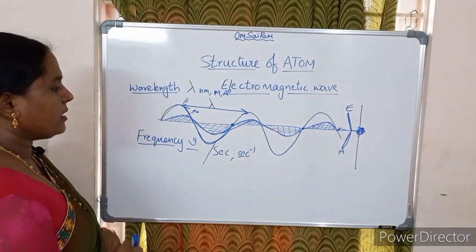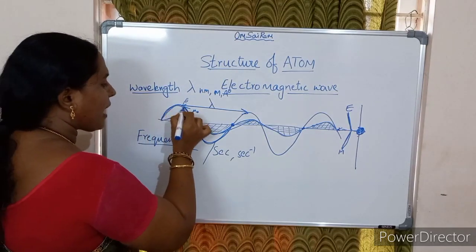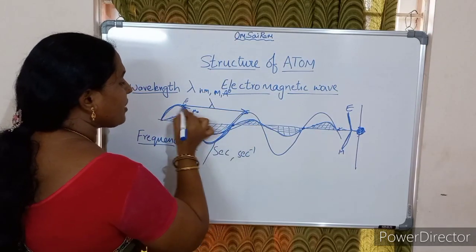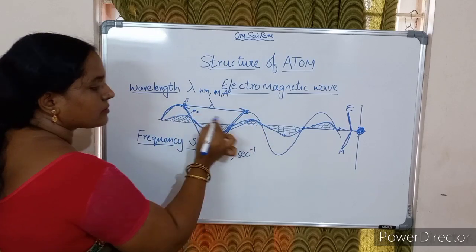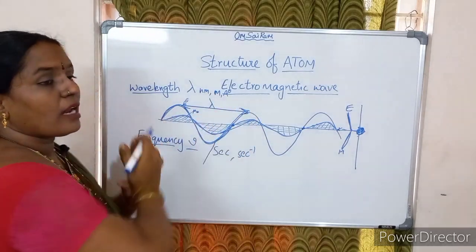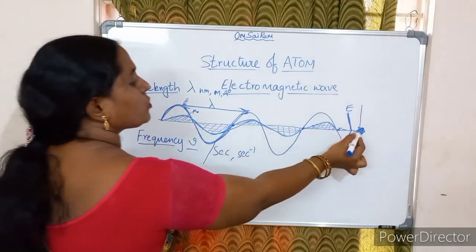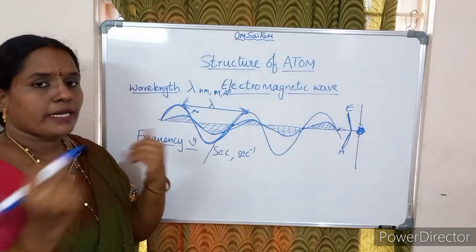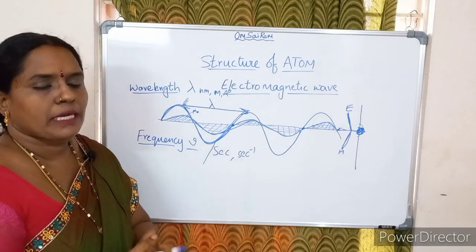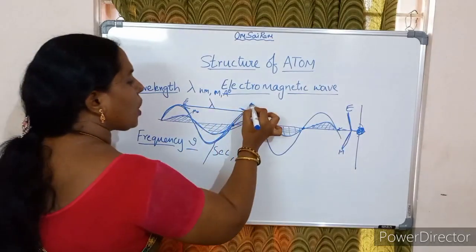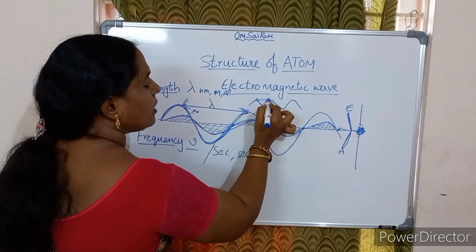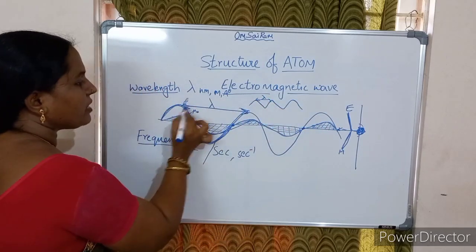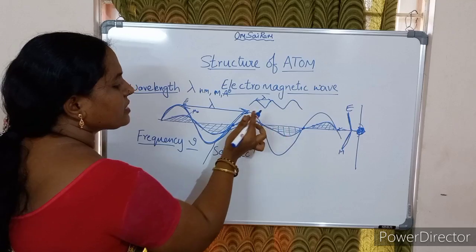See, if the waves have a bigger wavelength, then the waves are also larger. How many waves can pass through a particular point in a second? Very few waves can pass. If the waves are shorter, they have less wavelength, the distance between crest and trough is less.